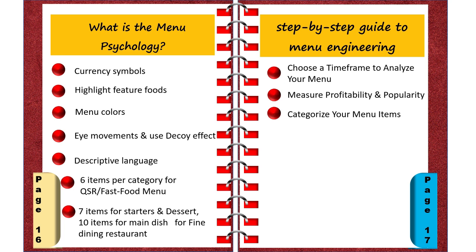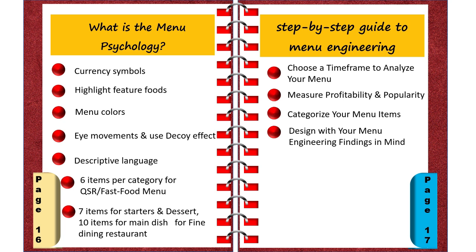Categorize your menu items. After doing that, find out which category the menu item is falling into now, after a specific period of performance. Design with your menu engineering findings in mind. Now you have to design the menu with your menu engineering findings in mind. Which one is a star, which one is a plow horse, you already know through your analysis.